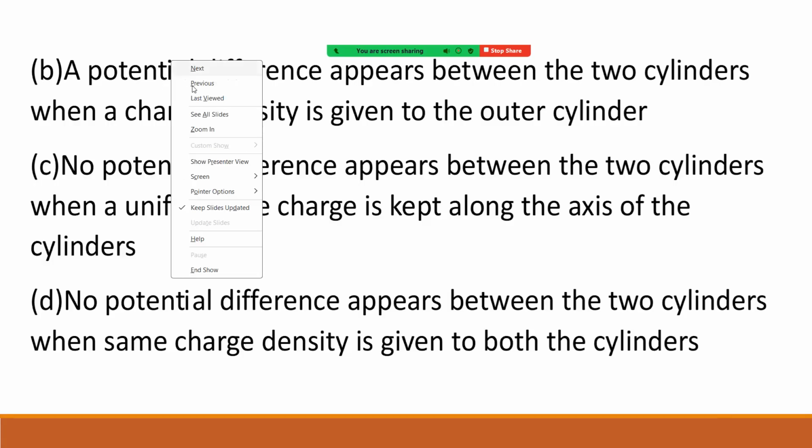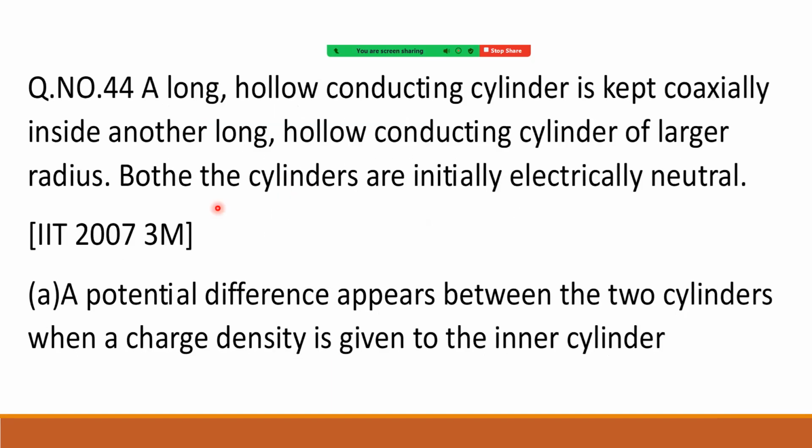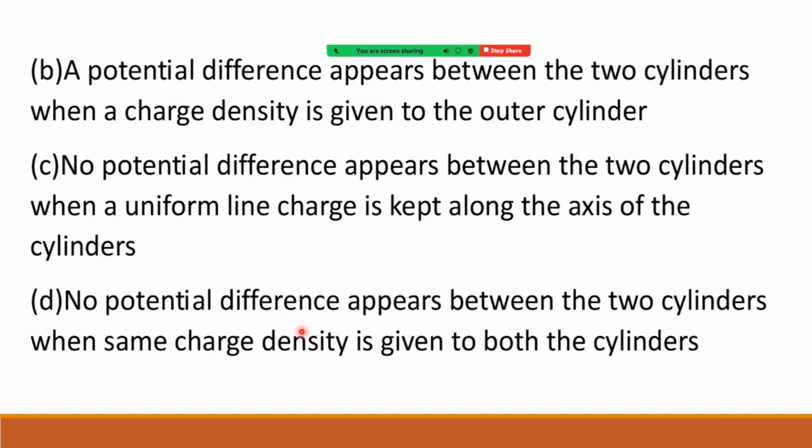Now see options. Coming to first one, potential difference appears between the two cylinders when a charge density is given to inner one. So this is the correct one. And remaining three options: B is not correct, given to outer one.